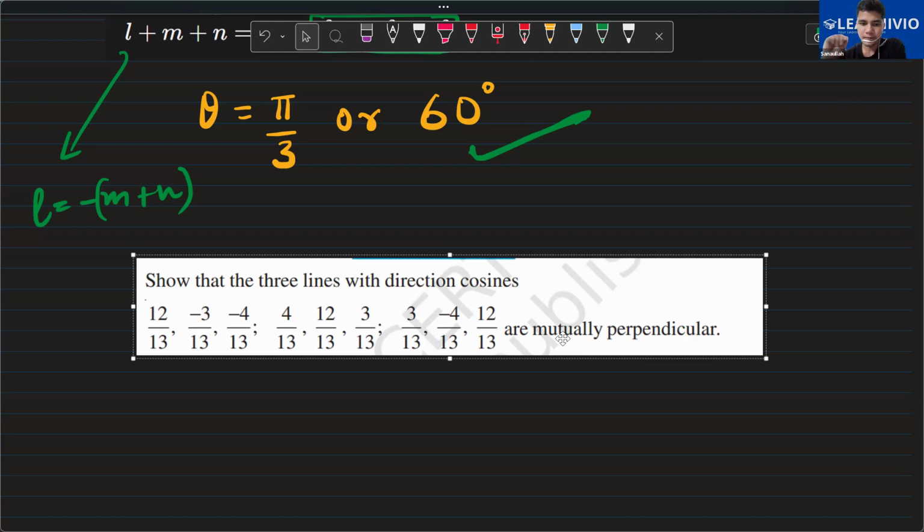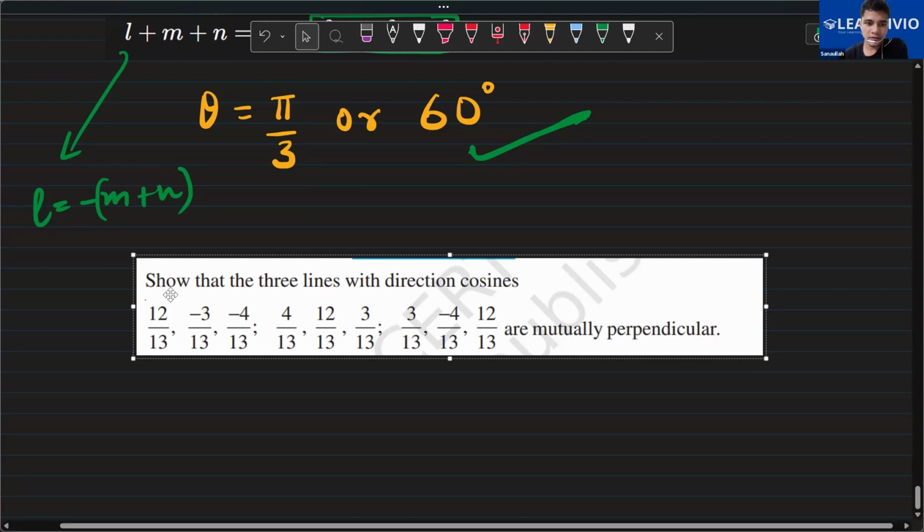Okay. Yes, sir. This is the question. You have to show that all the three lines with their direction cosines, okay, so these are the direction cosines, are mutually perpendicular.